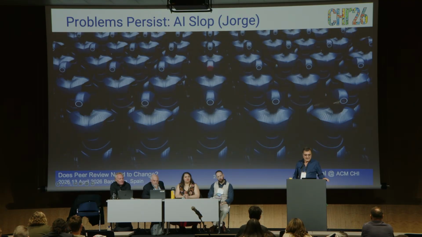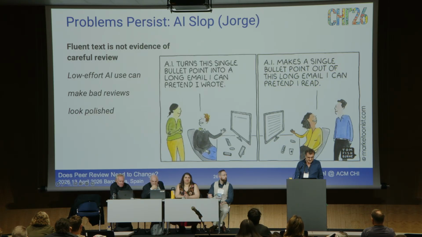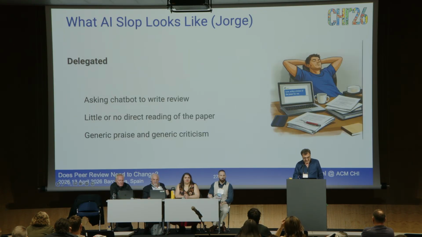Briefly, this was on the author side. Now, on the reviewer side, things become more interesting. There is always room for AI slop and fluent text. The problem with AI is that we can produce lots of text that looks plausible, but it reduces the effort of producing a narrative review, and you can make a bad review, or heaven forbid, make it look polished.